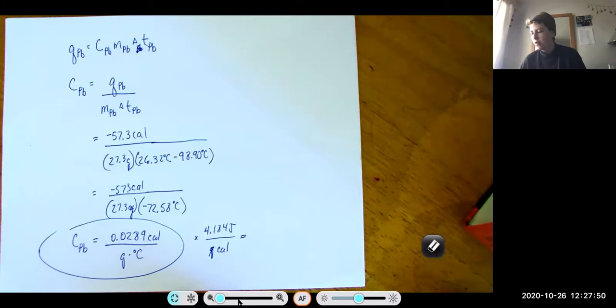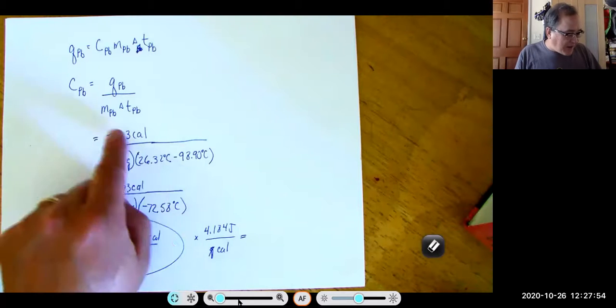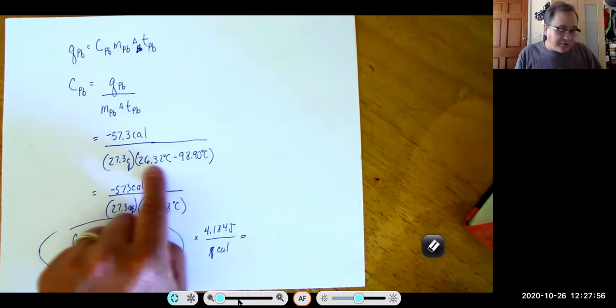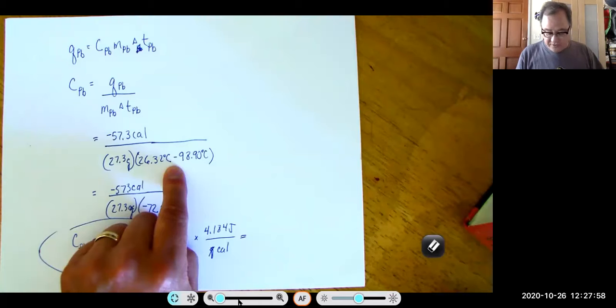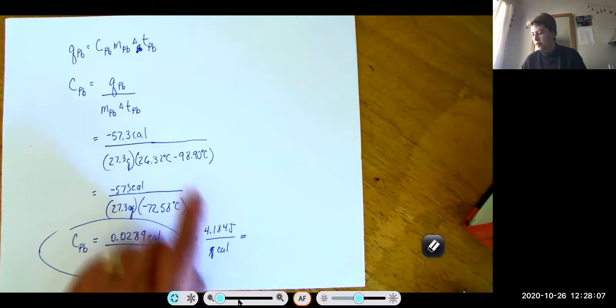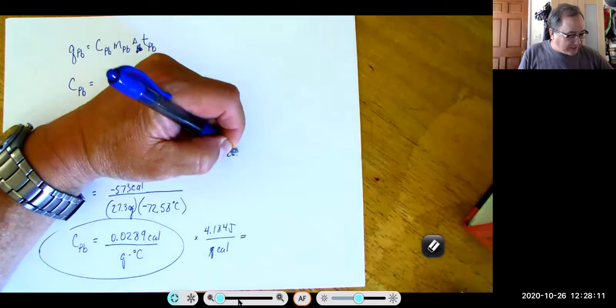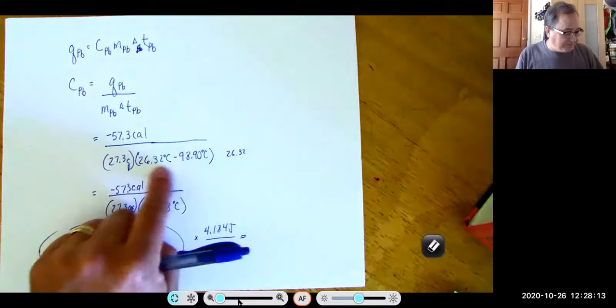Did you do something like, instead of dividing by what looks like around 72, you divided by about 4? Right, I think I put the initial temperature for the water instead of the final temperature for the water. That means you divided by 4 instead of 72.